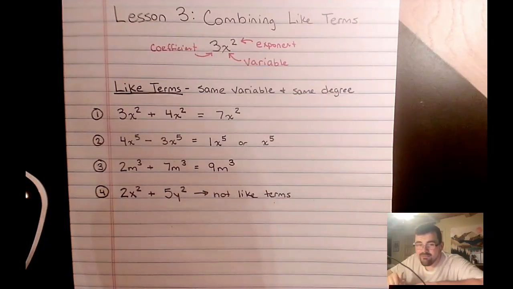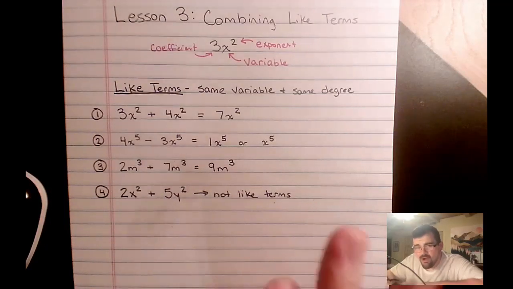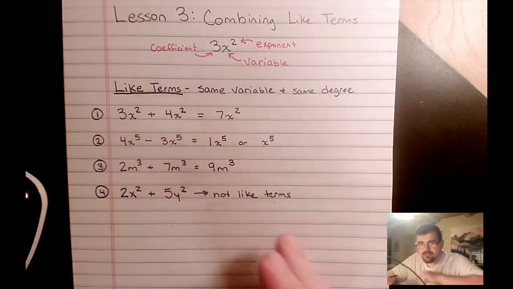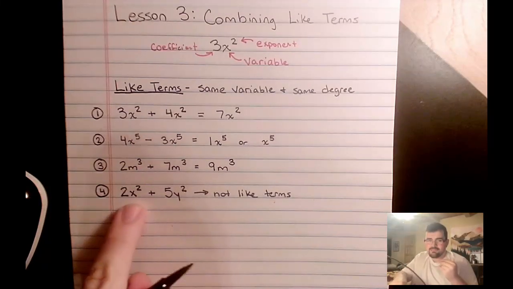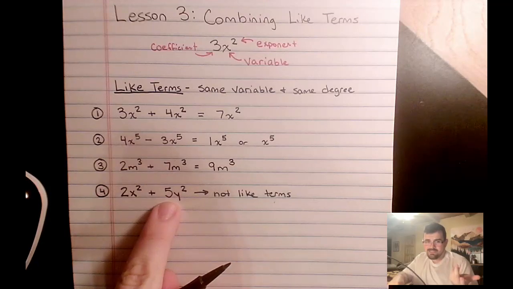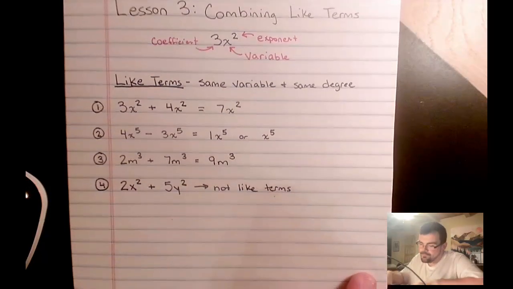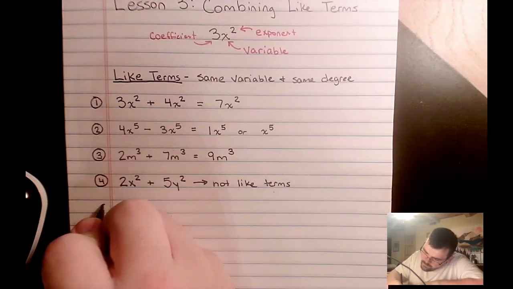And weirdly enough, the answer, if I ask you to combine those like terms, the most simplified version of all of that is that. 2x squared and 5y squared is 2x squared plus 5y squared. Let's look at another one.